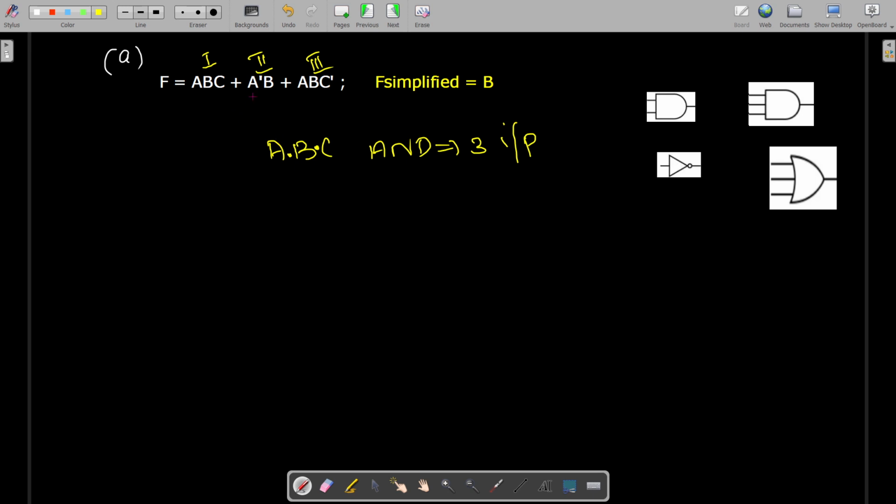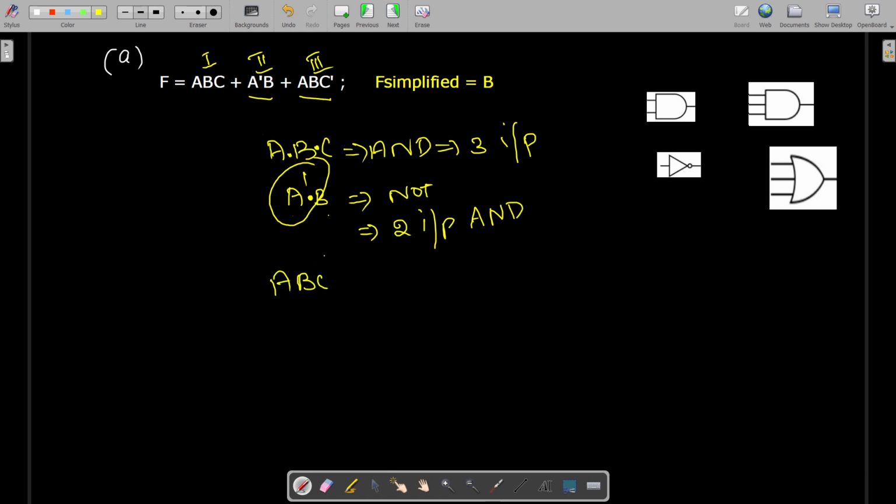Then when you refer to A dash B, what gates do we require? In order to get A dash, we have to have one inverter, and then A dash and B are connected using the dot product. That's why we need a two input AND gate. The last term is ABC dash.